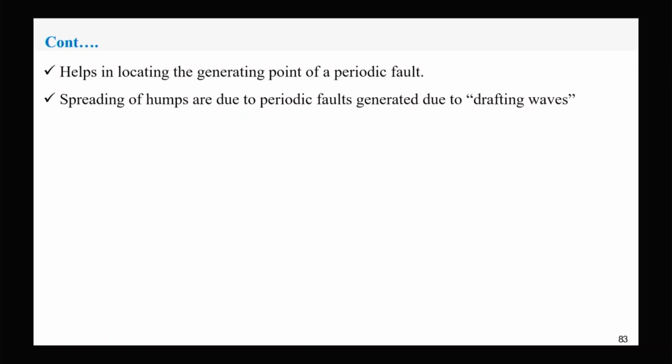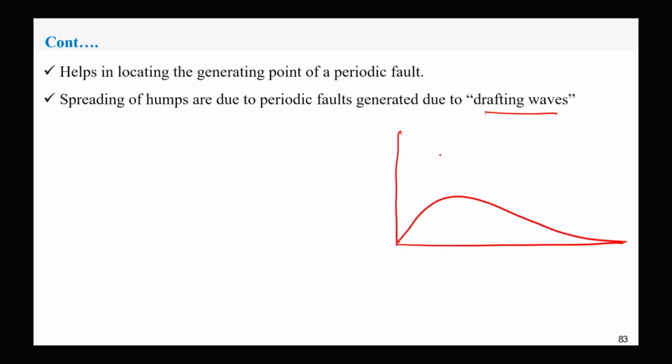And also, due to drafting waves, sometimes what we get, suppose this is the basic spectrogram, and if there is a clear peak, then this is due to a faulty machine component. And also the periodic fault sometimes occurs due to drafting waves.